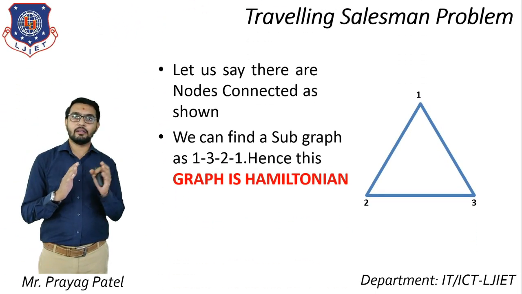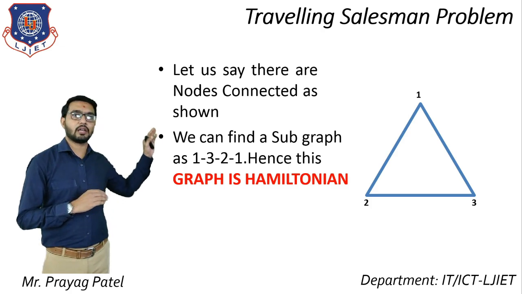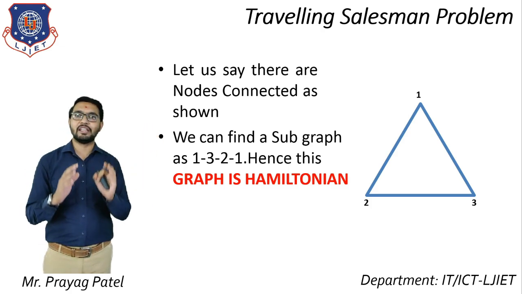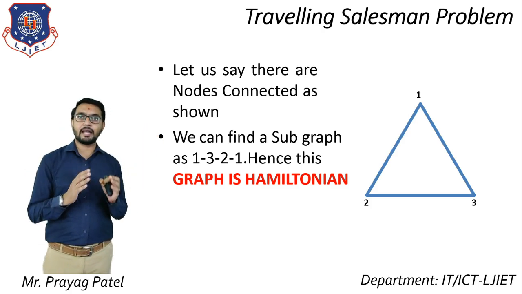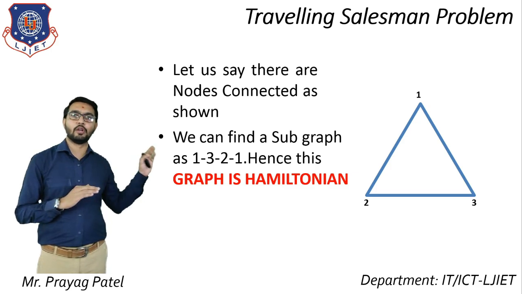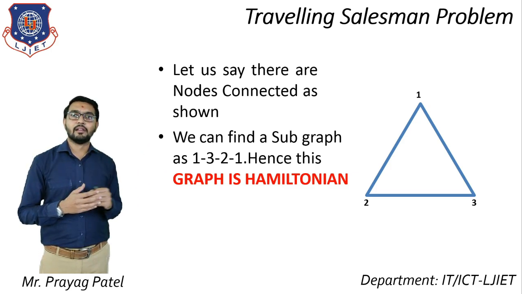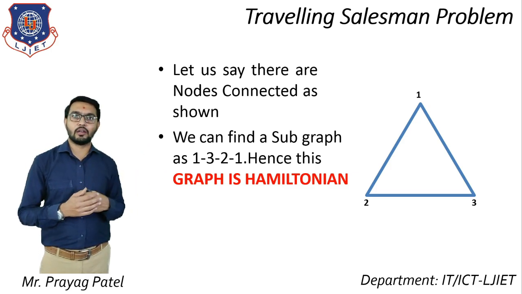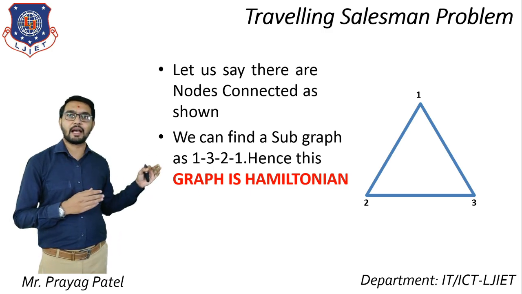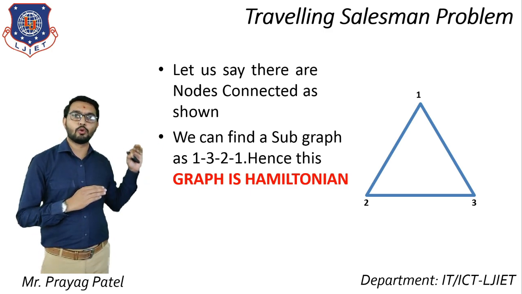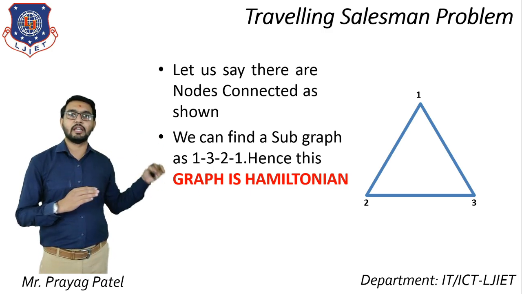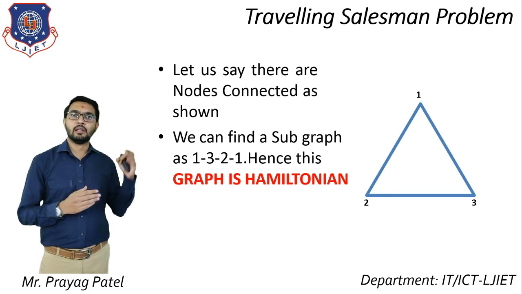Here consider one figure. In this figure consider 3 nodes as 3 cities. Let us say there are nodes connected as shown below. So we can say your Hamiltonian cycle, or Hamiltonian circle, goes from node 1 to 2, then 2 to 3, then 3 to 1. Also we can say that from 1 to 3, then 3 to 2, then 2 to 1.